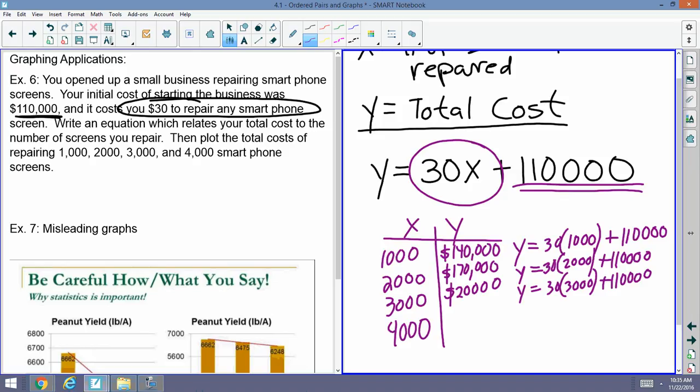And last but not least, when X is 4,000, what's my total cost? 30 times 4,000 is 120,000. 120,000 plus 110,000 is $230,000. Does that make sense so far, guys?